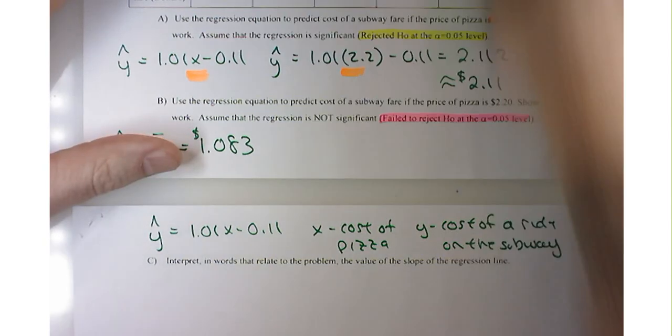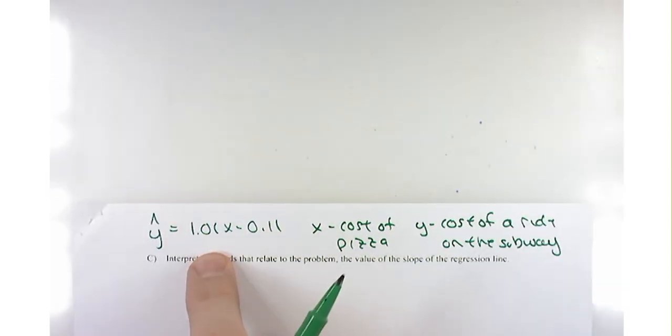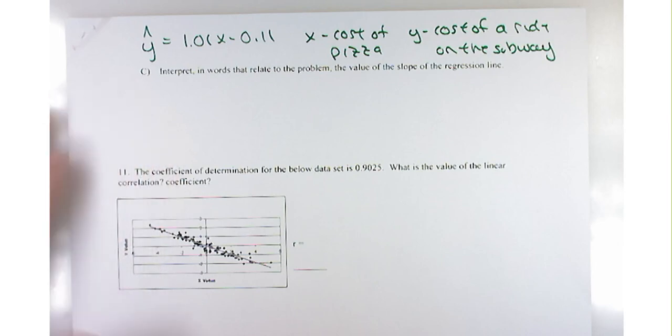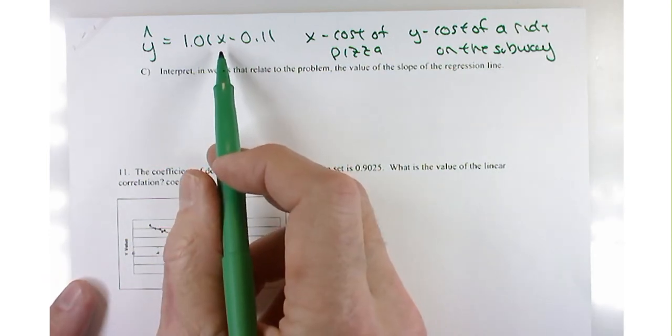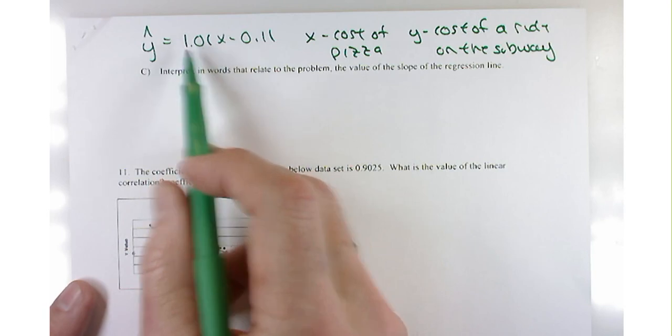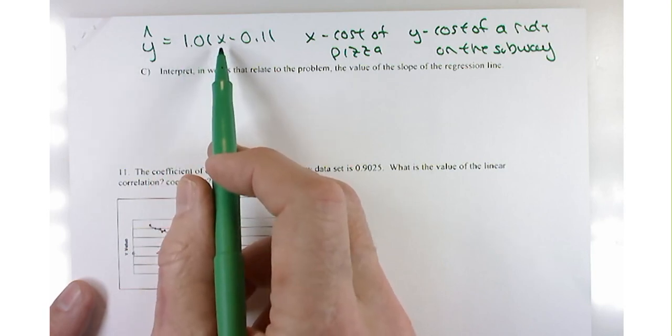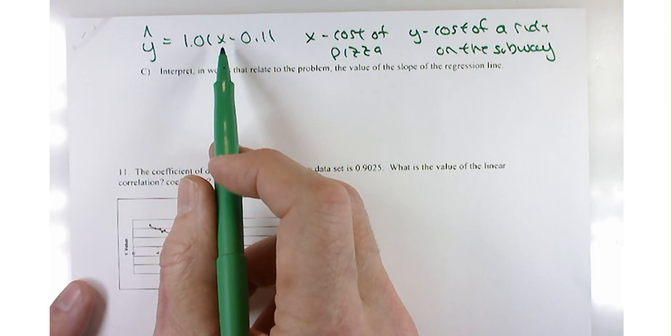So what does that mean the slope is interpreted as? How would I interpret that in words? I'm actually looking for something a little different. What would happen to the cost of a subway fare if the price of pizza went up by $1?